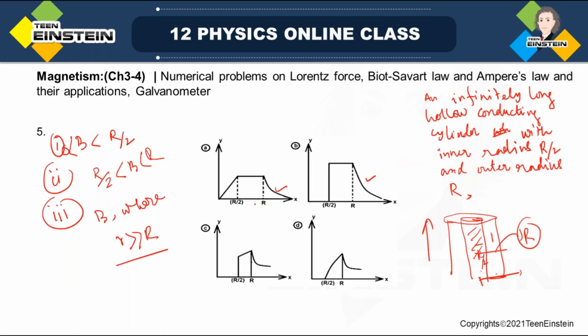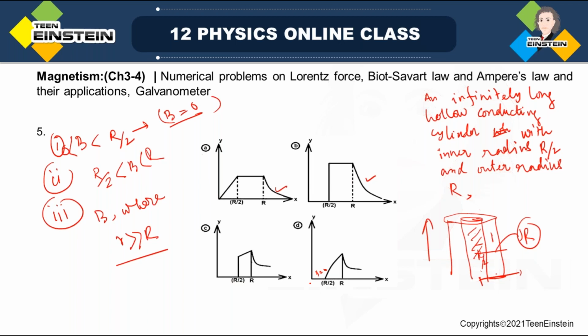Option D will be the correct answer. Why is it so? We have seen that in the inner region the current is zero, so the magnetic field is zero. So inside the inner radius there will be no current, and so no magnetic field here.